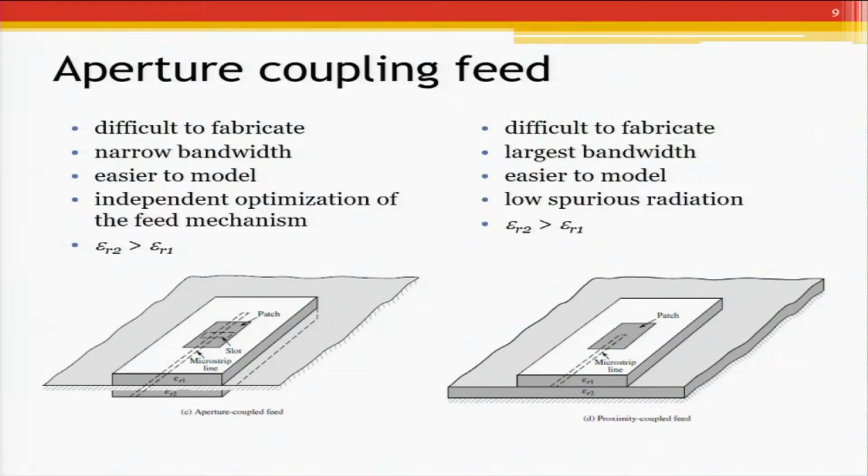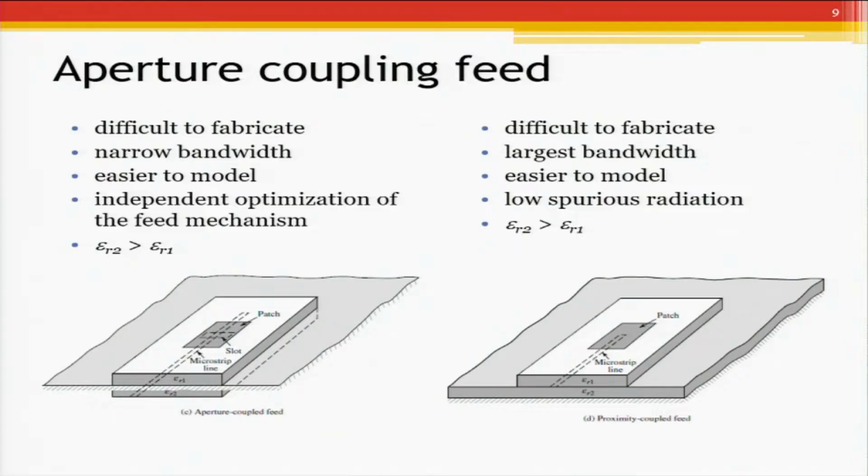So the ground plane is placed between these two dielectric materials. This ground plane isolates the feed from the radiating elements. What I mean by that is they put the feed line on the bottom material, and the radiating element, or the patch, is on top of the top material.